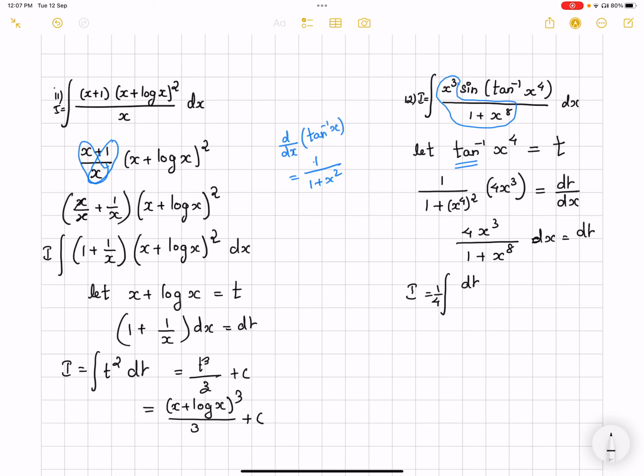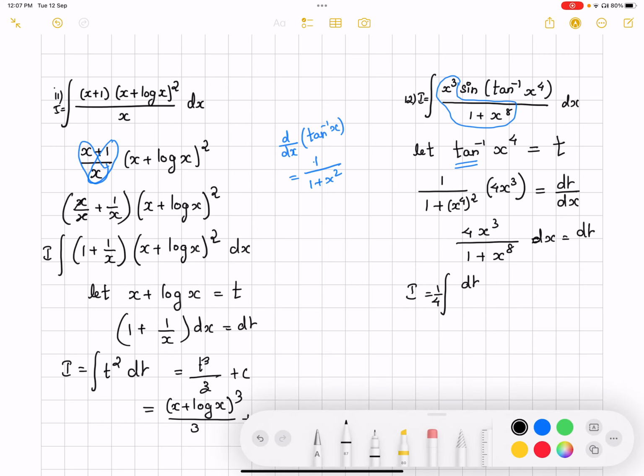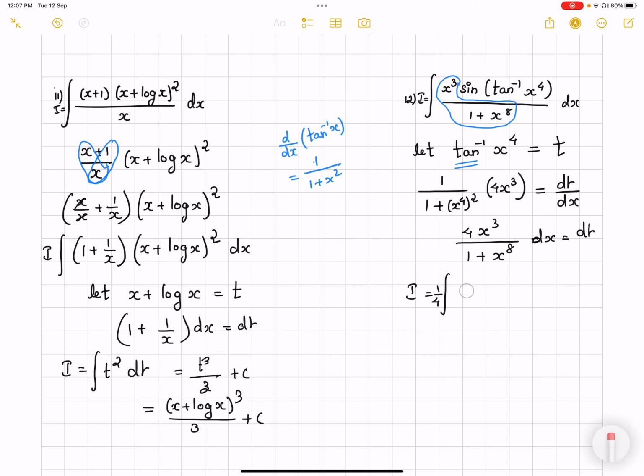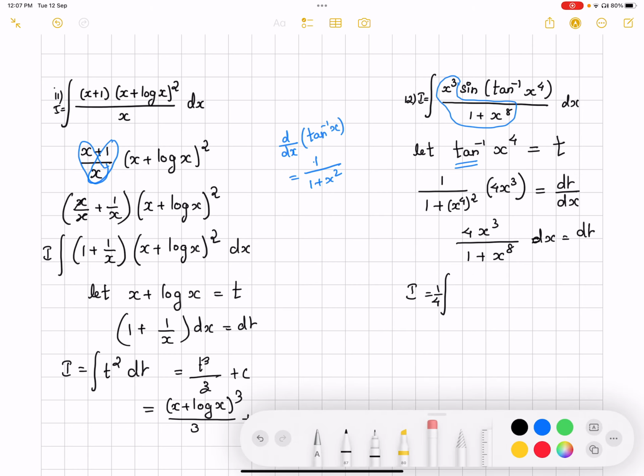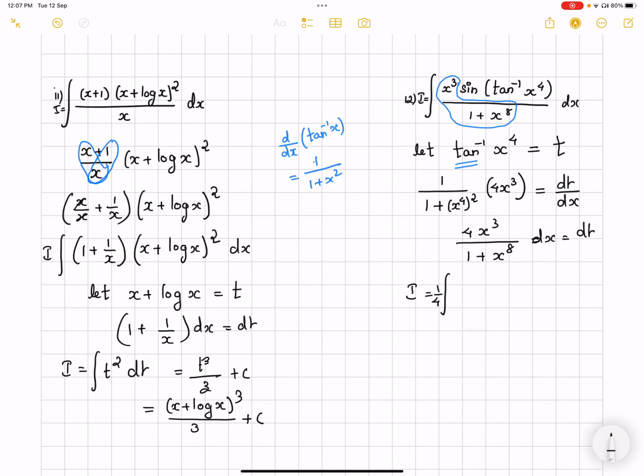I'm writing it out. And then sine of t. So what I would be having here is sine t and then dt. Sine t and dt we have.